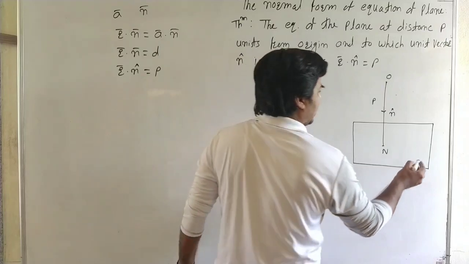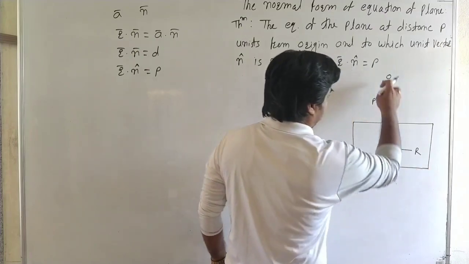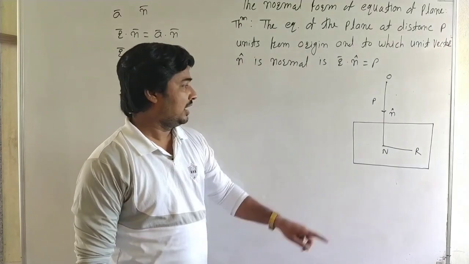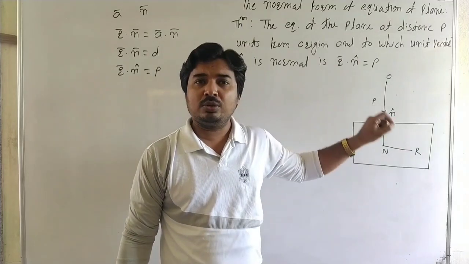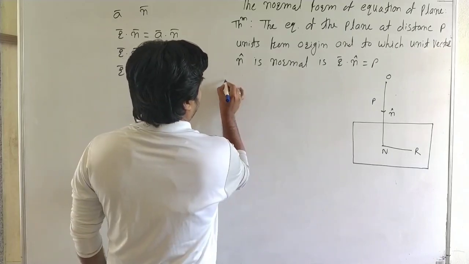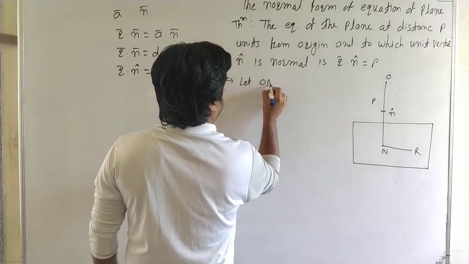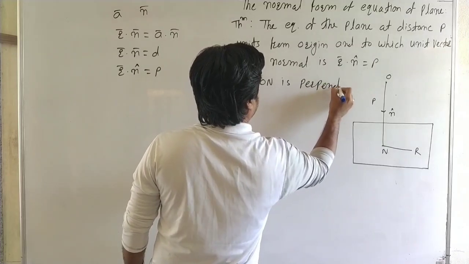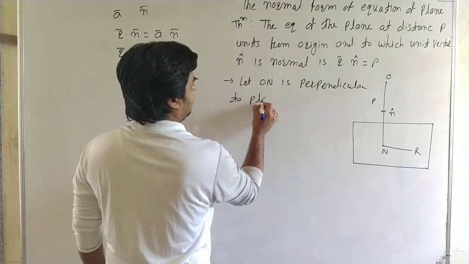Now we consider any point on the plane, suppose it is R. Then ON is perpendicular to NR. This line NR lies completely on the plane, and ON is perpendicular to the plane, therefore ON is perpendicular to NR. Here, let ON be perpendicular to the plane.